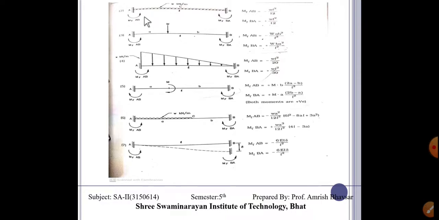Second case, fixed beam with UDL over the entire span.